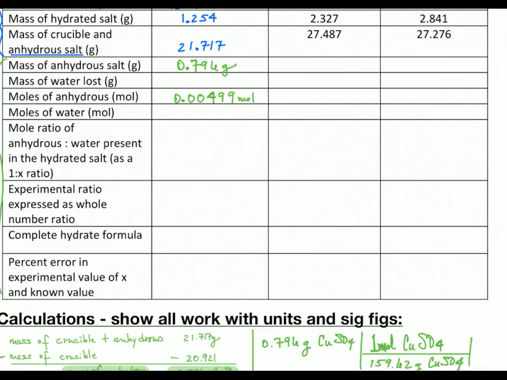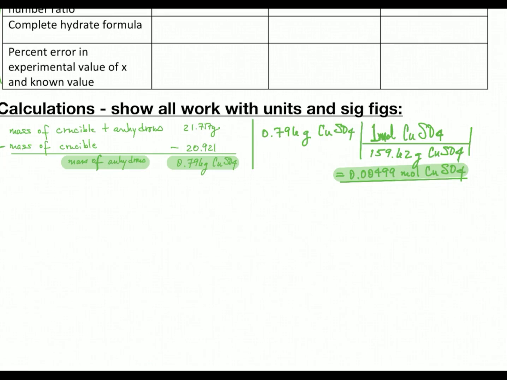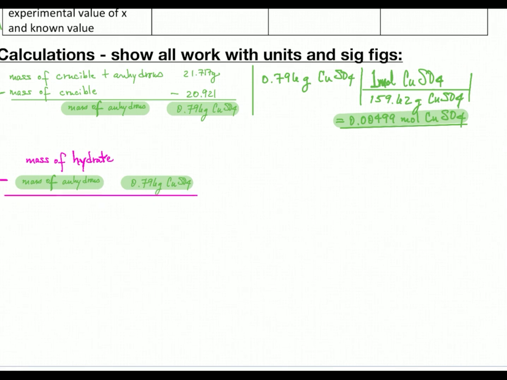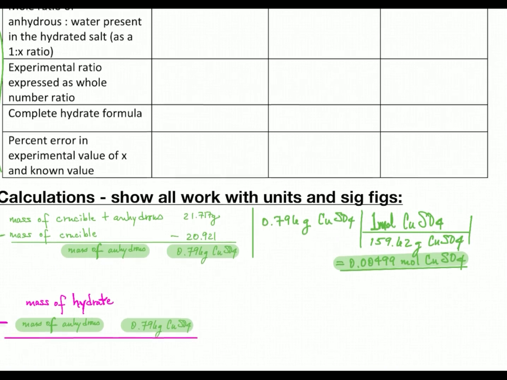All right, now we need the information about water. Well, we know the mass of the hydrate we started with, which was salt and water together. We also know the mass of the anhydrous salt left behind. We solved for it right up here. So let's run back up and find the mass of the hydrate we started with.